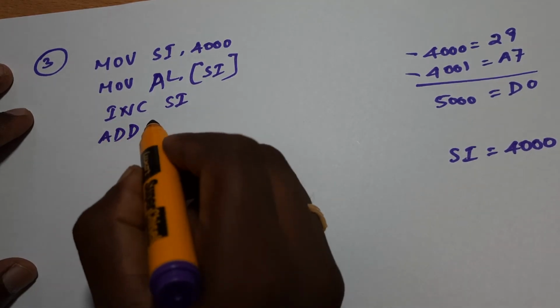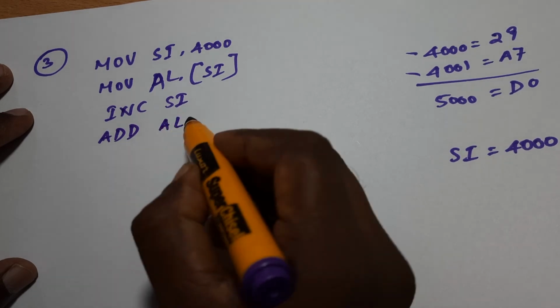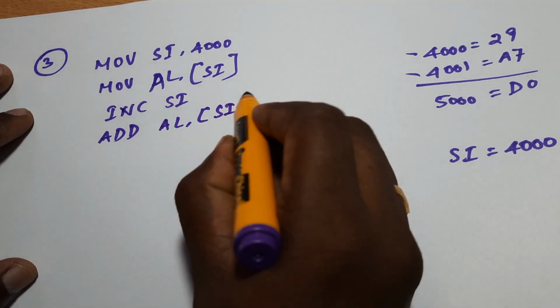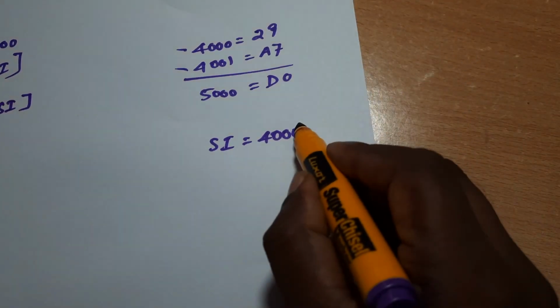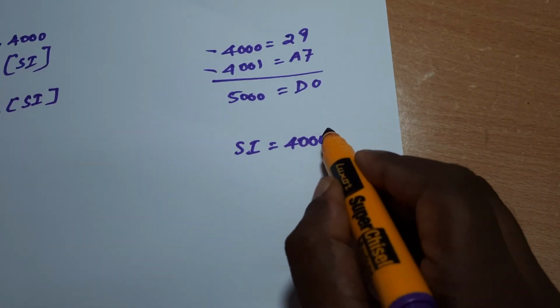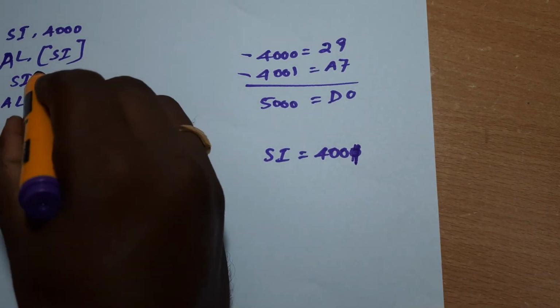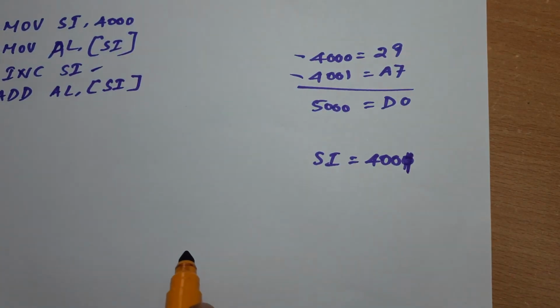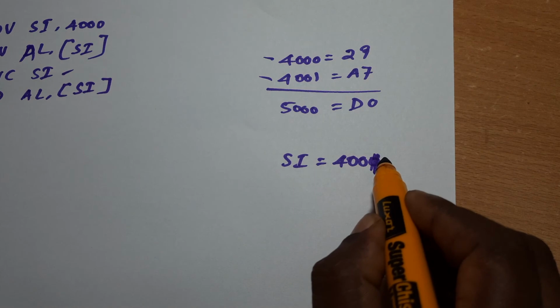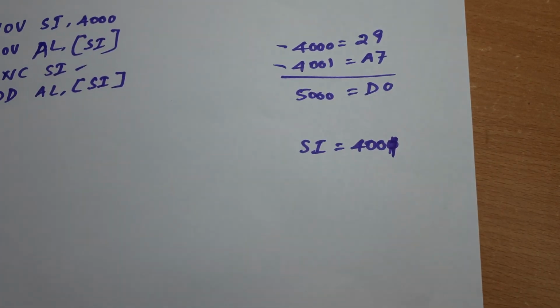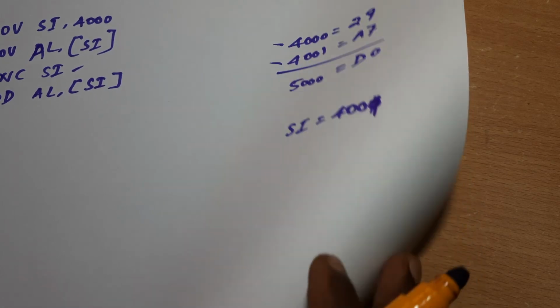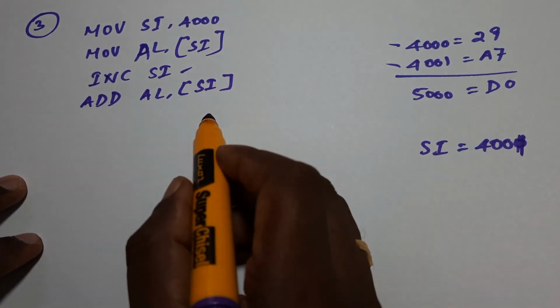Similarly here we can do AL comma content of SI, which means SI is now pointing to 4001. This INC SI instruction increments SI to 4001 in the programming model register structure which I have shown in the previous paper.